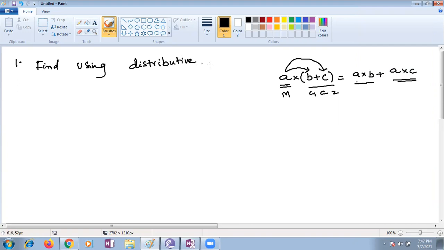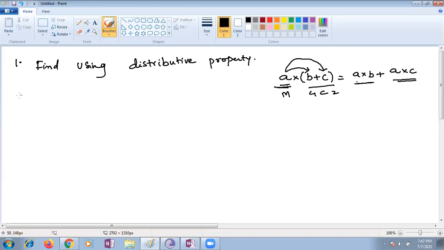Distributive property means you have to think about mother and children. The mother is sharing for both, not for a single one, so you always write A into B plus A into C. And this also applies for subtraction, right? Yes, it is applicable for subtraction too.